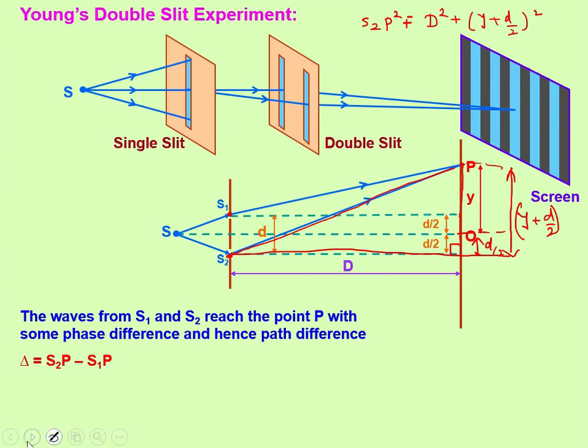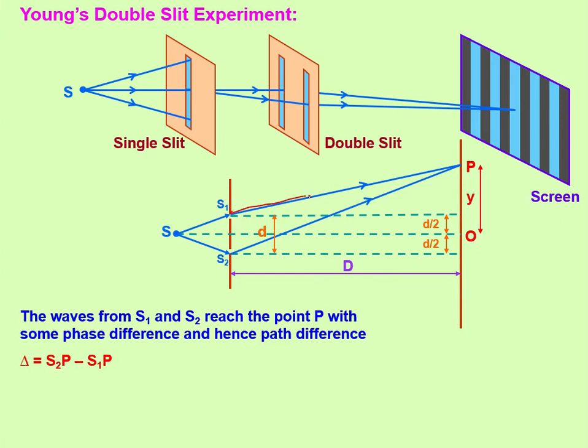Similarly, we will take another triangle. Now we consider S1P as the hypotenuse. The base is capital D, and the height is found by subtracting d by 2 from Y. So this distance is Y minus d by 2. The entire distance is Y, but if we subtract d by 2 out of this Y, we get this distance.